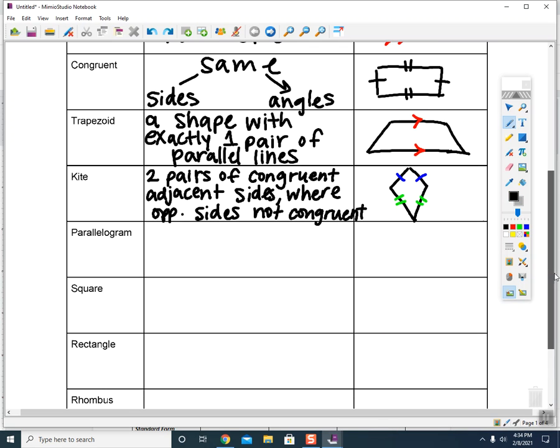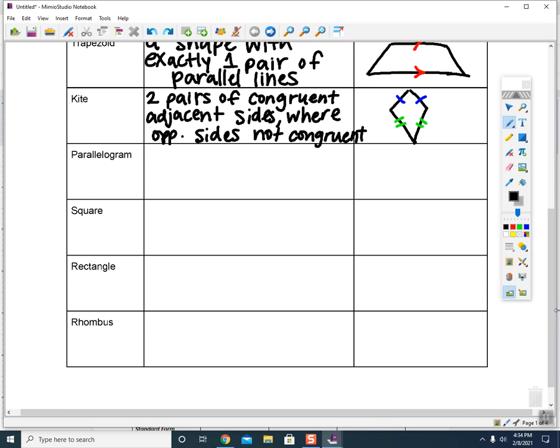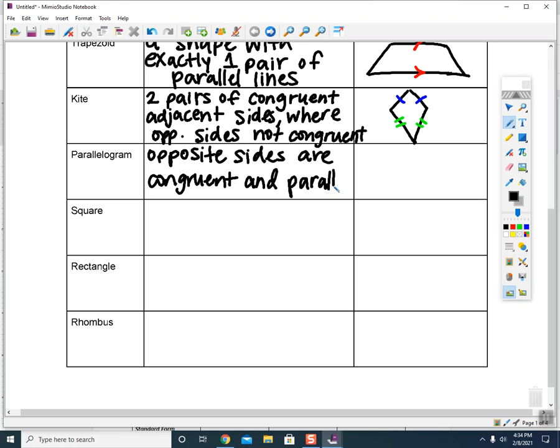We also have a parallelogram. A parallelogram is where opposite sides are congruent and parallel. Sometimes you'll see these slanted, kind of like this. So here's my parallelogram.